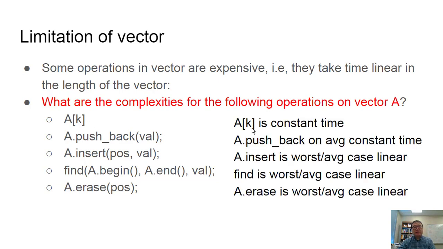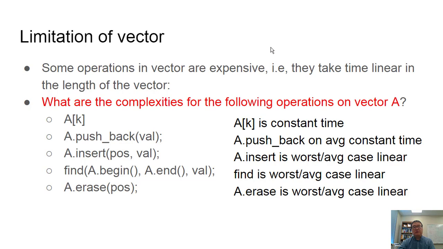Accessing an element is constant time, and the reason is a vector is essentially an array. In an array, the elements are stored together adjacently. If I want to access the k-th element, starting counting from 0, because I know how large each element is, I know where the k-th element will be in this array.